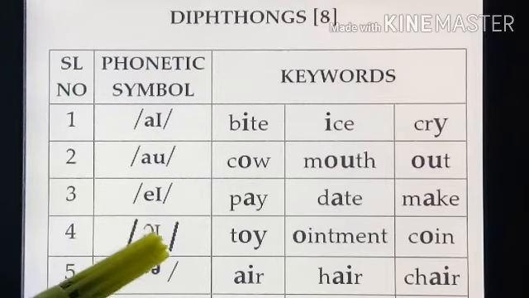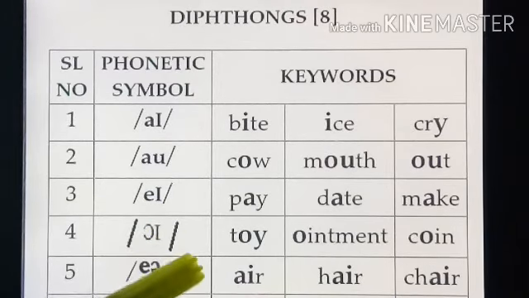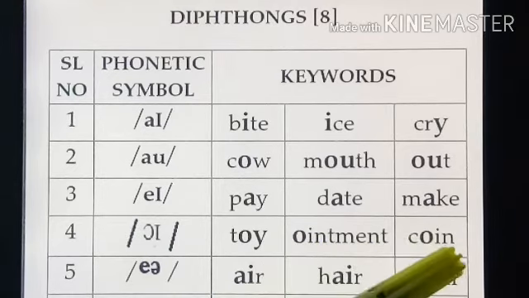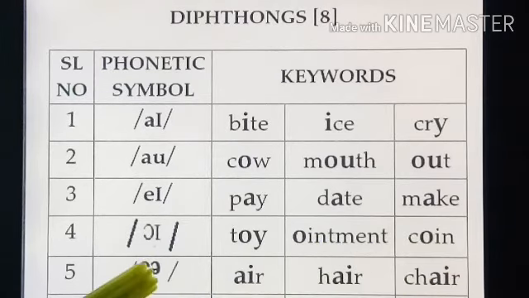Next is O and E, I. Yes, we can see this in toy, ointment, coin. This is A and mute A, that is air. This is A-I-R, air.